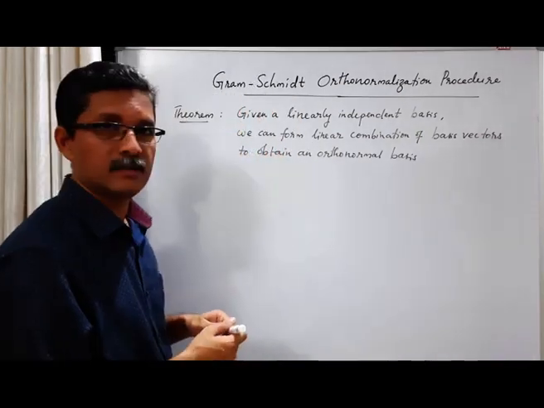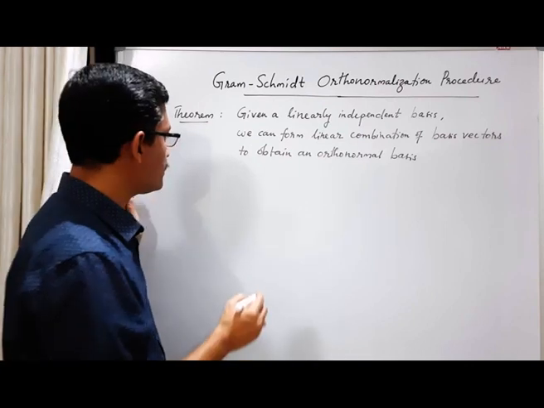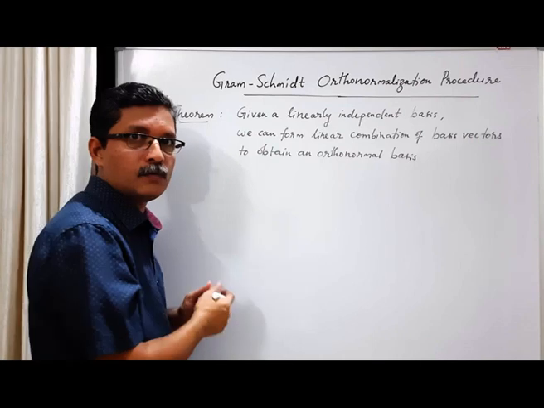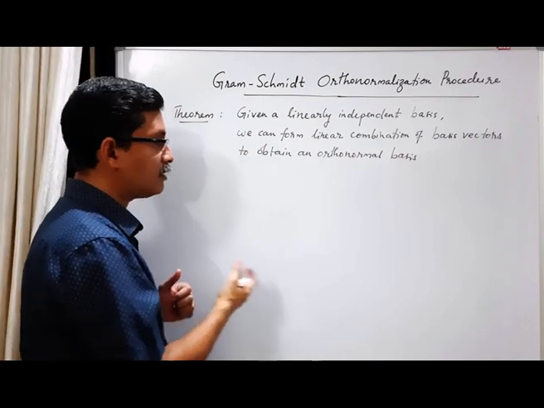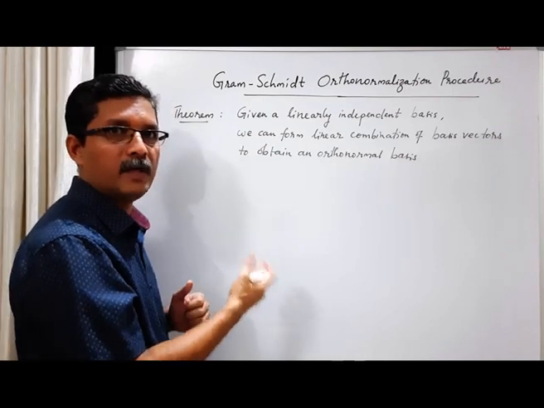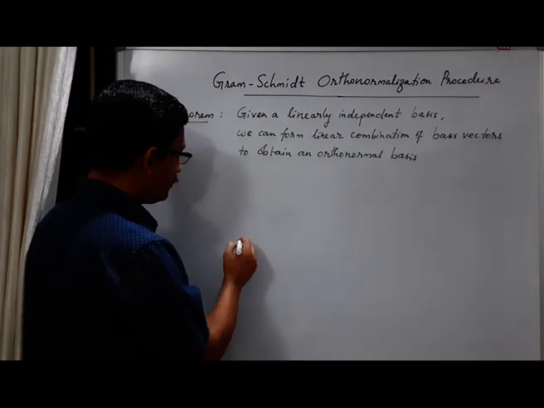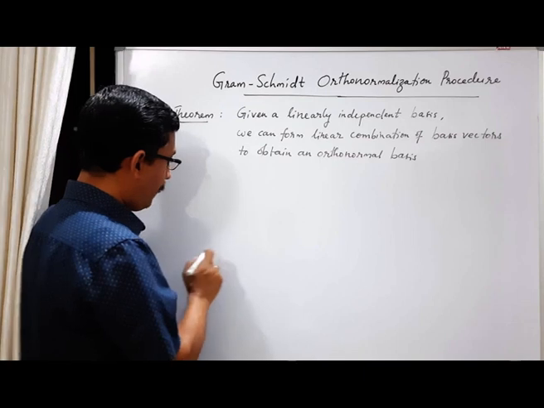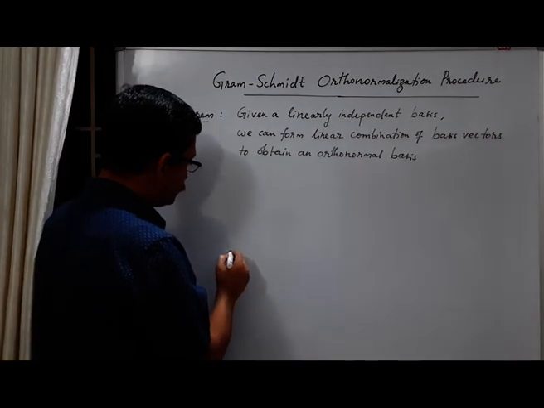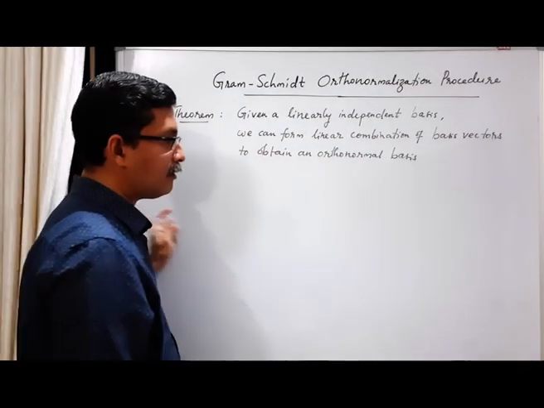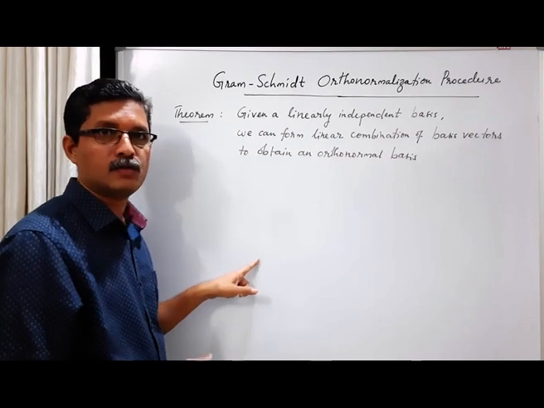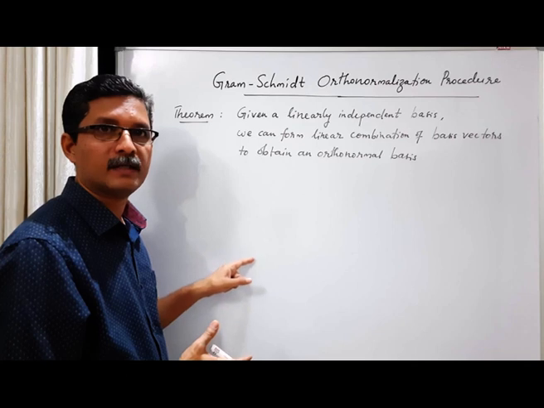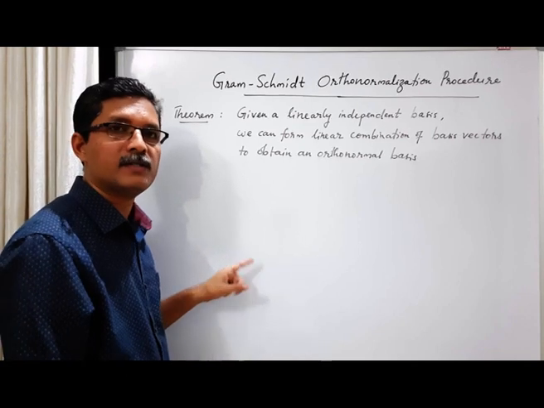So let us consider this illustration with spatial vectors. Consider this plane on the surface of this board, which is a two-dimensional surface. So consider a linearly independent set of vectors here. The dimension of this plane is 2, which means the maximum number of linearly independent vectors that can be chosen in this plane is 2.